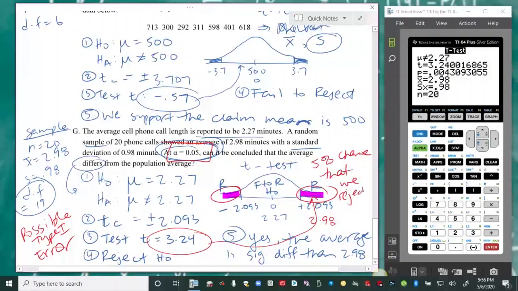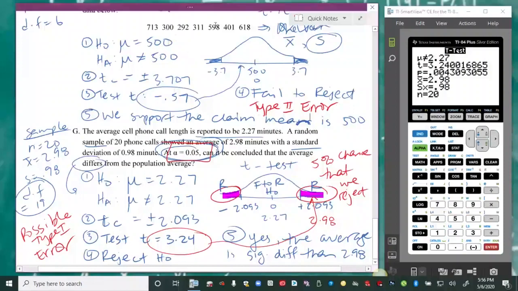So I've really minimized the probability of committing a type 1 error by making that tail such a small area underneath my curve. I can also go back every time I failed to reject. So this one is a possible, not necessarily, but a possible type 2 error. So whenever you fail to reject, it's a possible type 2 error, and whenever you reject, it's a possible type 1 error. I hope those got easier.